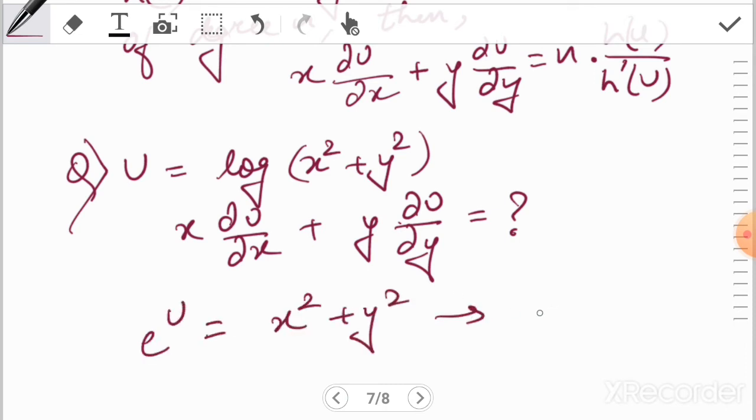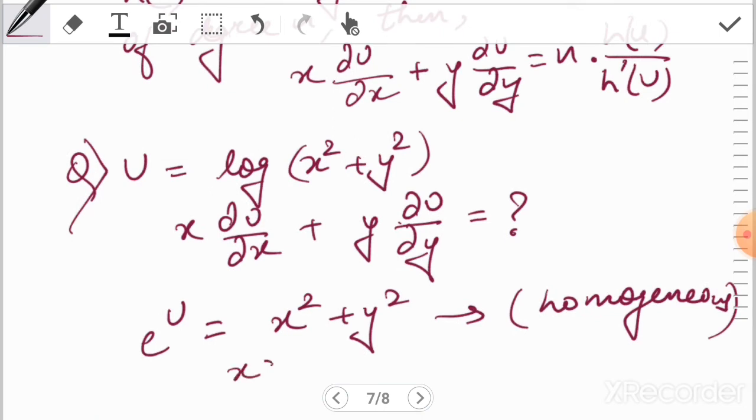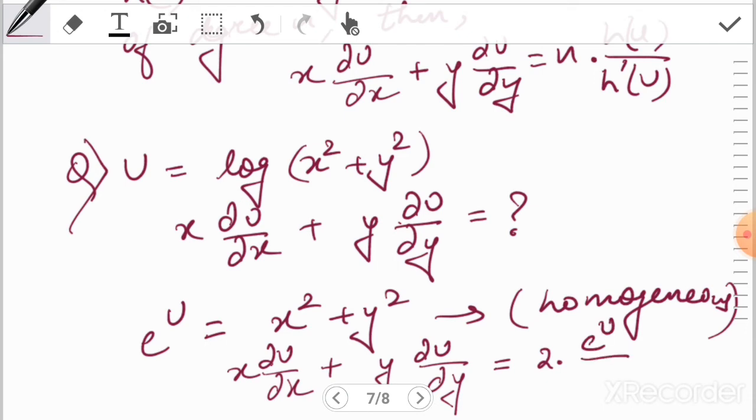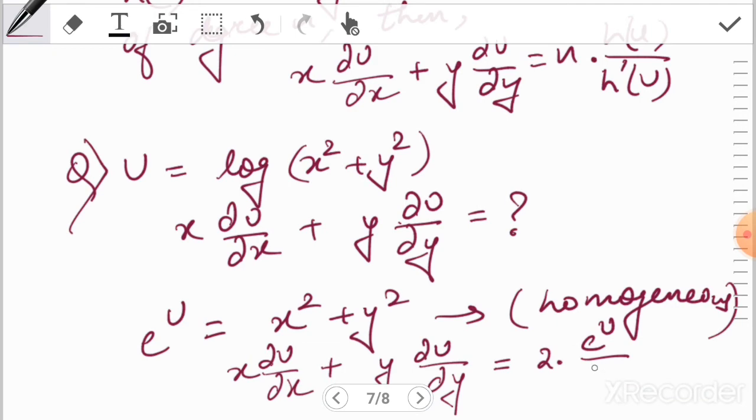Now this is homogeneous of degree 2. So the answer will be 2 e power u by the differentiation of this, which again is e power u, which gets cancelled. So 2 will be the answer.